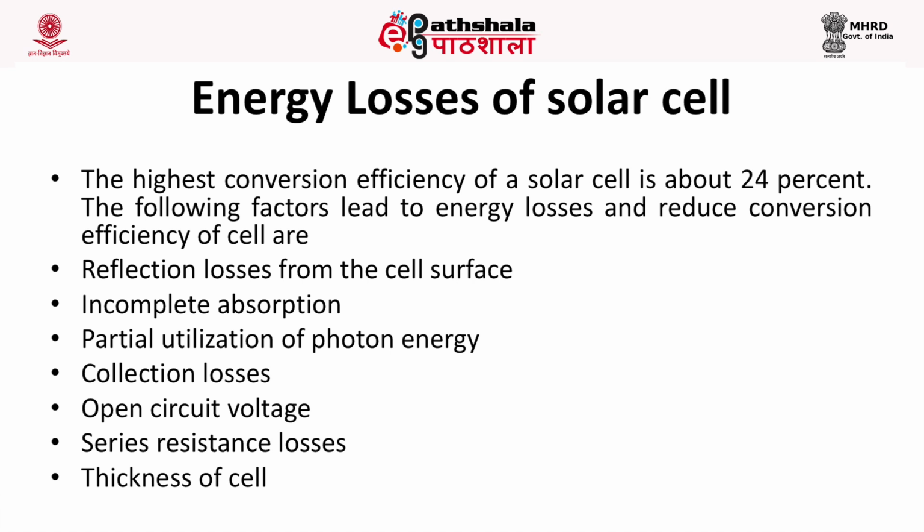The following factors lead to energy losses and reduce the conversion efficiency of a solar cell: reflection losses from the cell surface, incomplete absorption, partial utilization of photon energy, collection losses, open circuit voltage, series resistance losses, and thickness of cell. These are the major losses which reduce the conversion efficiency of a solar cell.